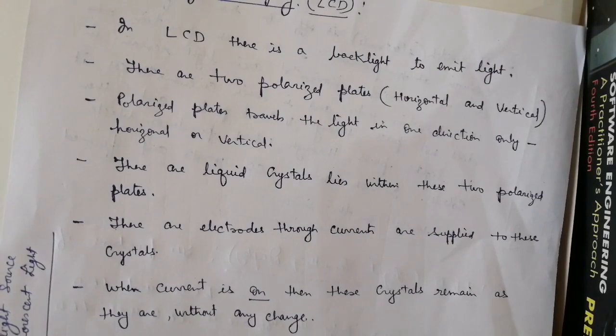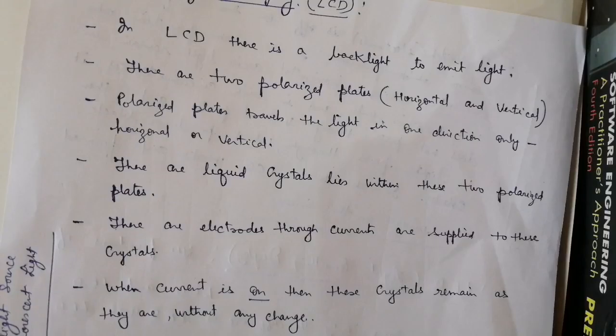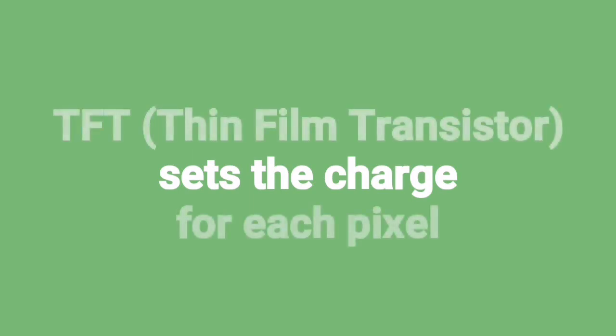So two things we need to remember about LCD. One, as a backlight source, CCFL is used in LCD. And one more thing, when we supply current to crystals through electrodes, then there are TFT, thin film transistors, which set the charge for each crystal, which decides the intensity, right?